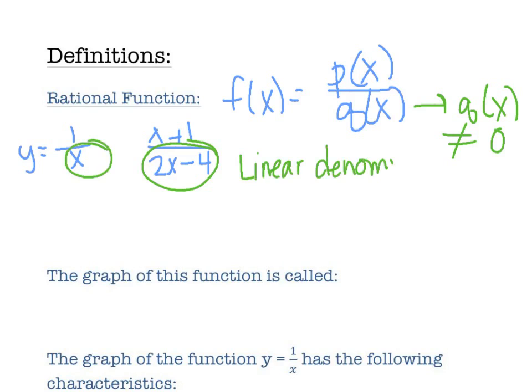So you won't see a denominator in this section that's like an x squared or an x to the 4th power. Only linear denominators. The graph of these kinds of functions is called a hyperbola, and we'll talk about what that looks like and what its characteristics are.